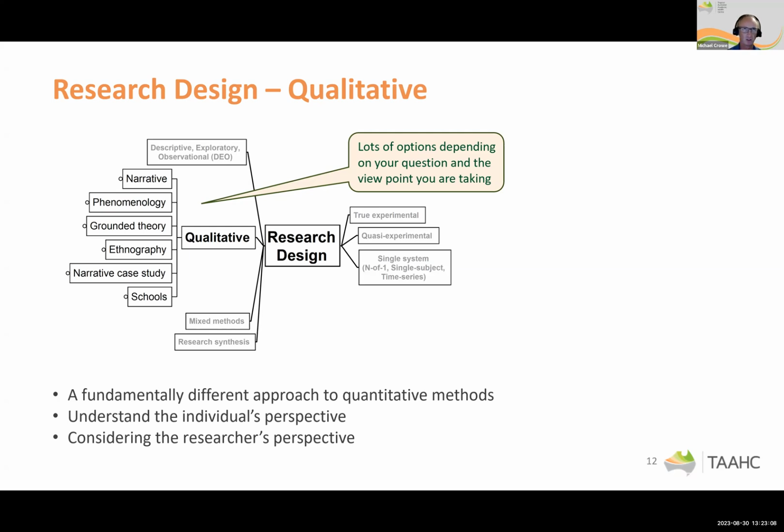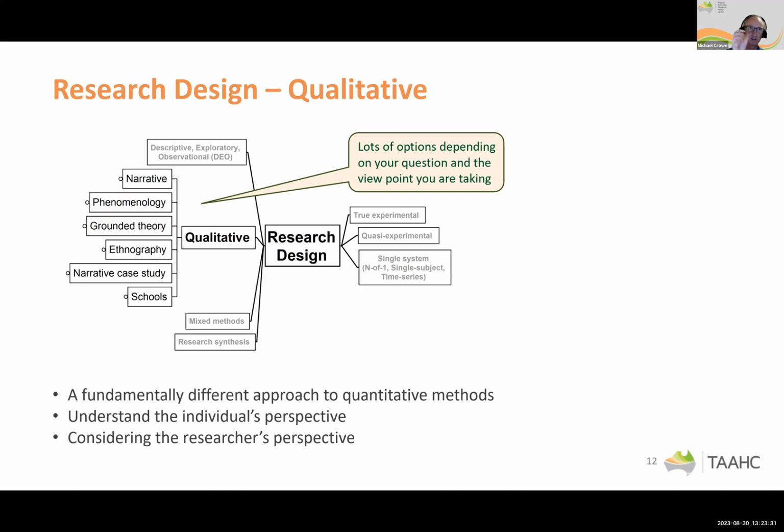Phenomenology is where you're looking at what people make of different things that happen to them, like having cancer or having a disease or recovering from some disease, and what it means to them, what they have experienced.